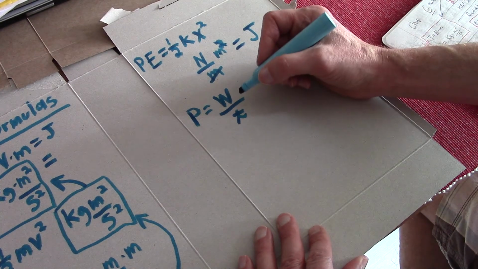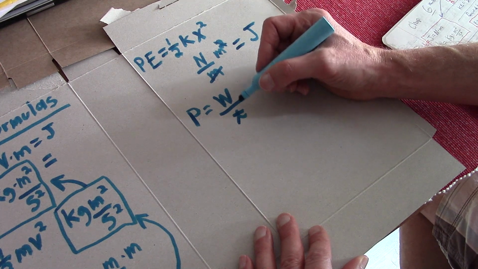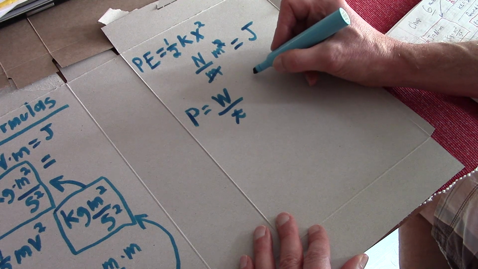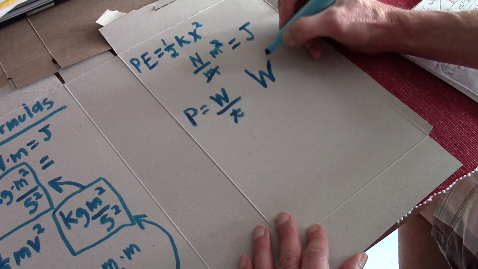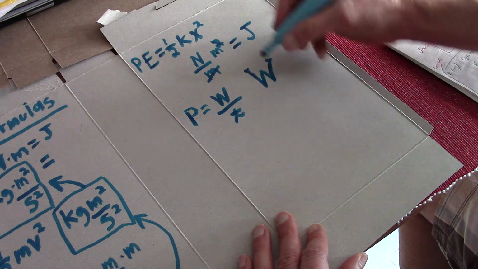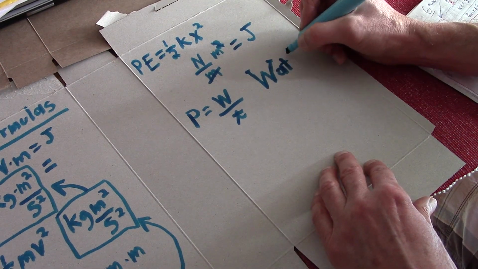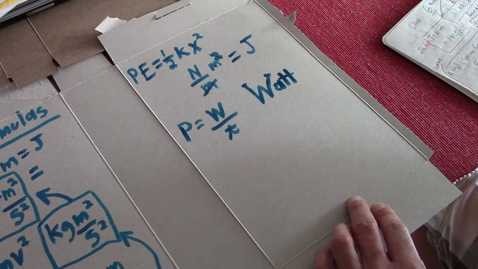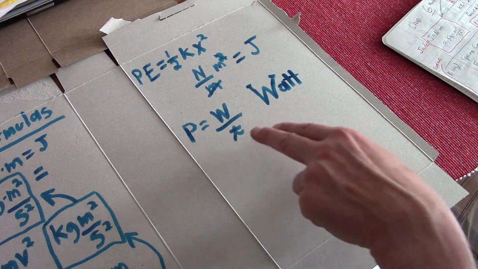So that is equal, so work divided by time, and we call that a watt. So I'm going to make this watt different than this. This watt is work. This is a watt. So I'm just going to write it out. It's the guy's name, Watt. Right? He was a genius that worked with all this stuff way back when. So work over time is a watt.